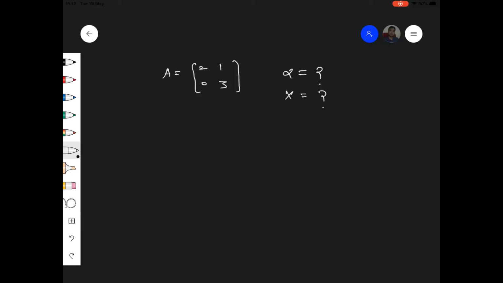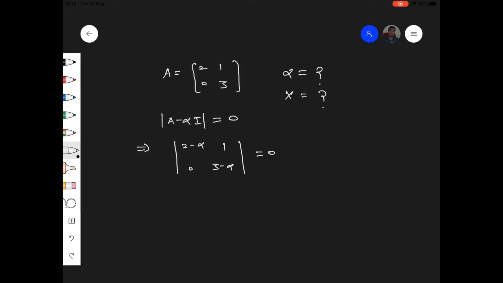So let's quickly calculate the eigenvalues and eigenvectors by solving the characteristic equation, determinant of A minus alpha I equals 0. When you put the matrix A here, it is going to be determinant of 2 minus alpha, 1, 0, 3 minus alpha equals 0.